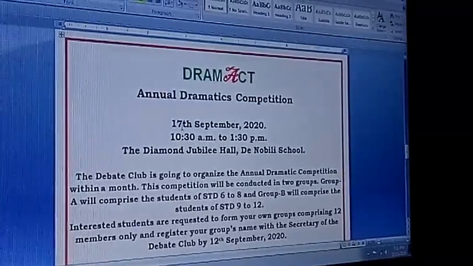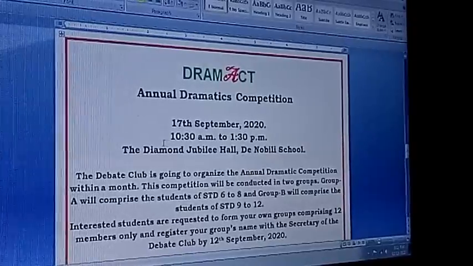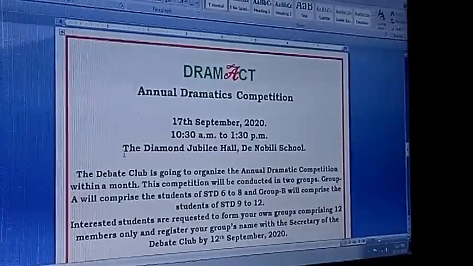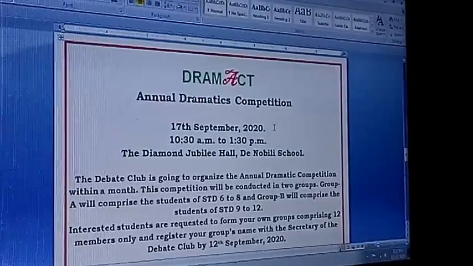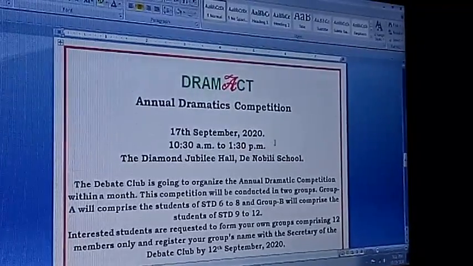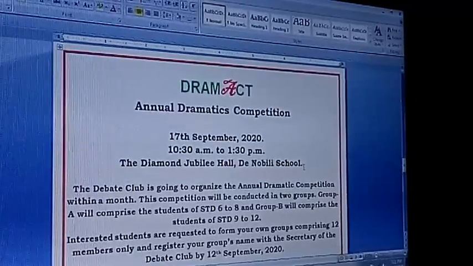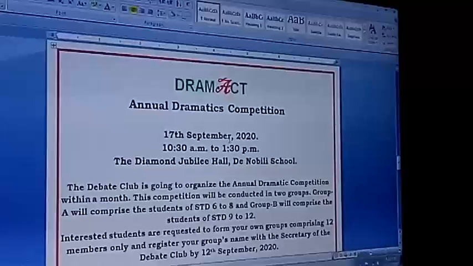Timing is given. I have not written any on, from, or at, but simply I have given the time, 17th September. You see this dot, just to match it you are writing this last dot. If you write it, it's not wrong, but if you don't put this comma inside, then it is wrong.